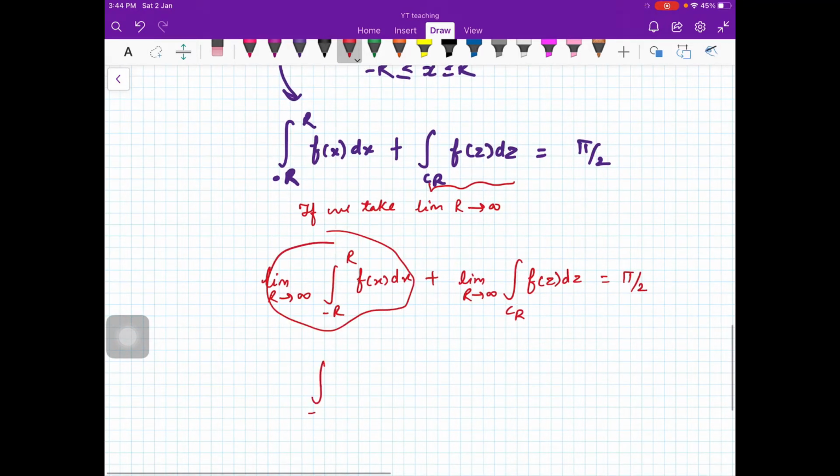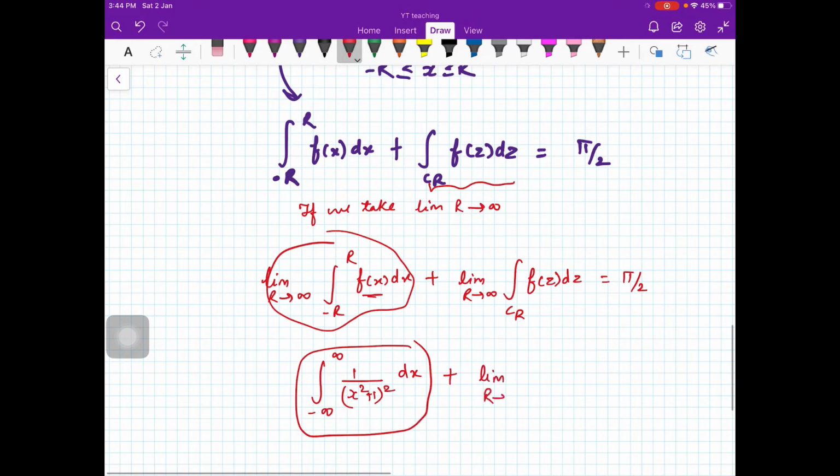This is nothing but the integral from minus infinity to infinity, where f(x) is 1 upon (x squared plus 1) whole squared, dx. This is the required integral, you remember, plus the limit R going to infinity of the integral along CR of f(z) dz is equal to pi by 2. Now you look, this is the required thing. This is your I.